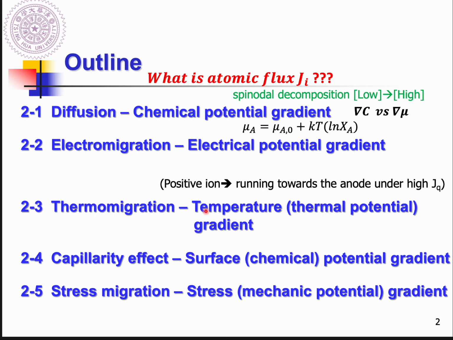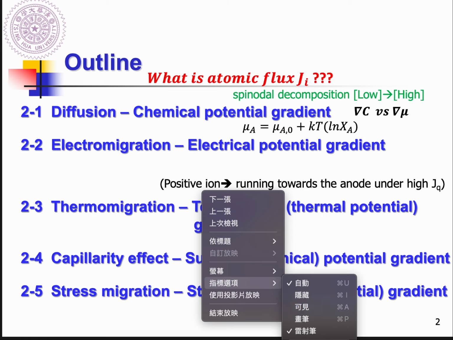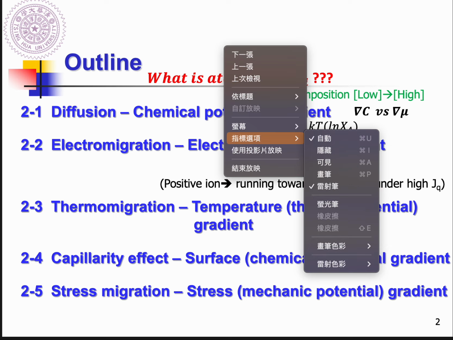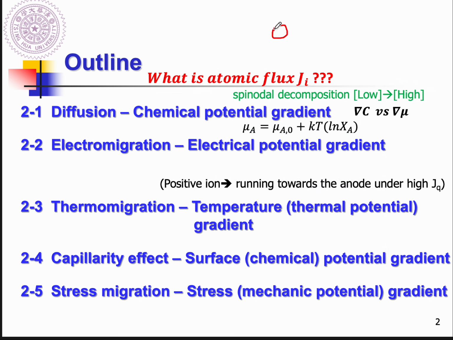In your mind, if you have a positive ion, for example some metal, when you apply the electrical field, this ion usually will move to the cathode side, right?